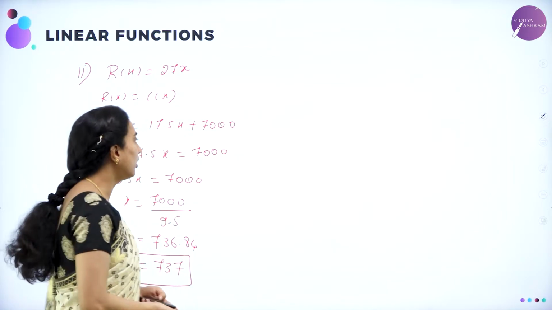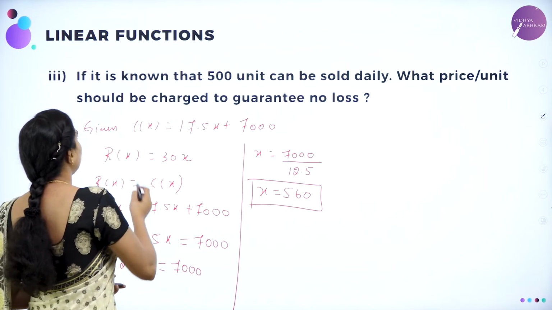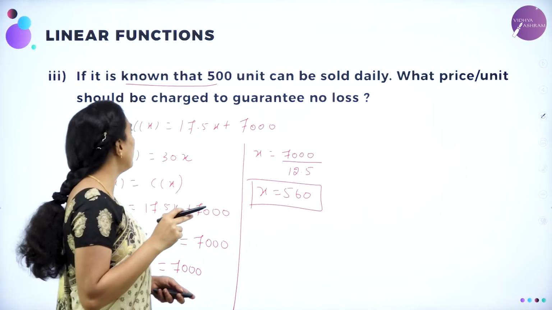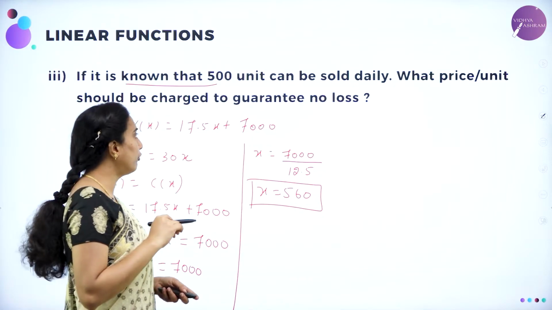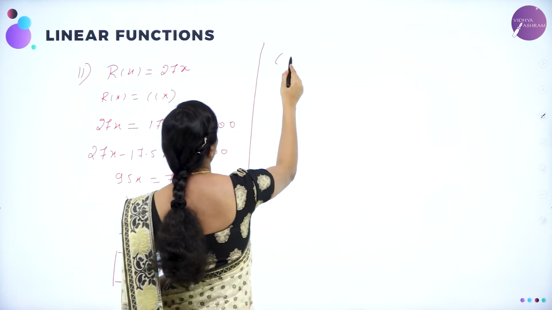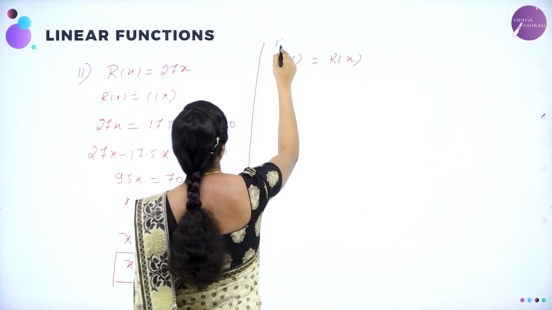Okay. So what is the last question they've asked? Last question is, if it is known that 500 units can be sold daily, what price per unit should be charged to guarantee no loss? So therefore here you are going to take it as, what is the C of X they have given? C of X will be equal to R of X, according to the given condition.